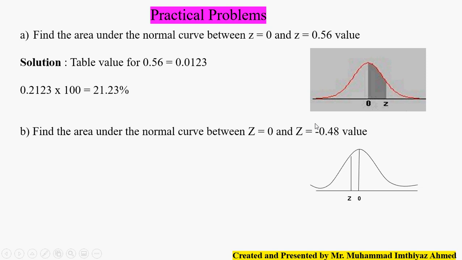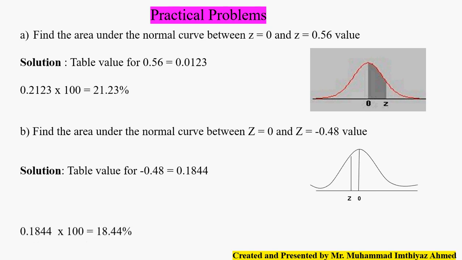So, what we need to do is the same thing. We need to find the value of z from the table. So the calculated value for 0.48 is equal to 0.1844. So if you multiply by 100, 18.44 percentage will be the answer for the second problem.